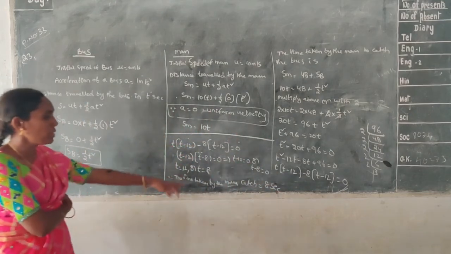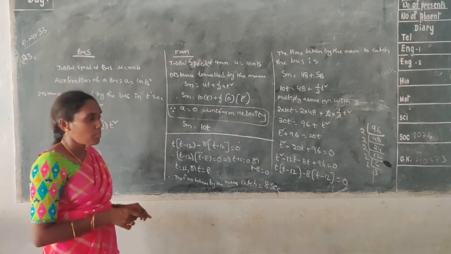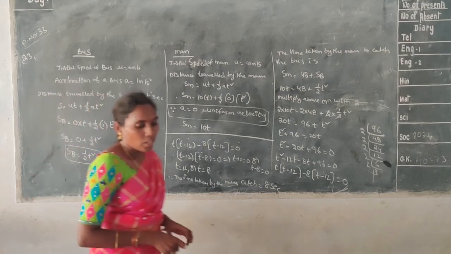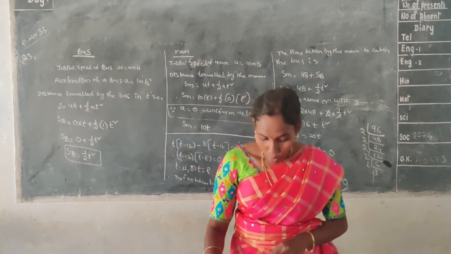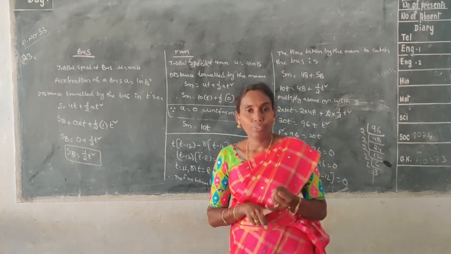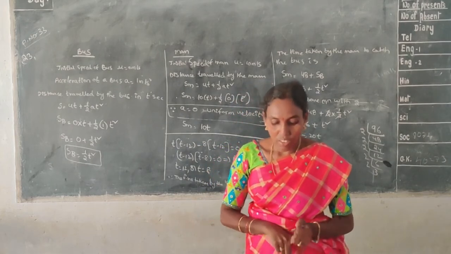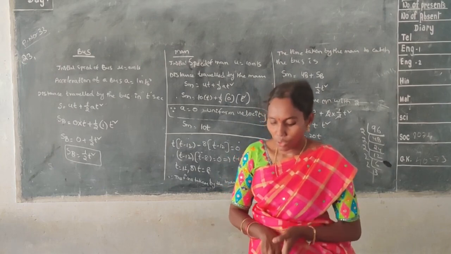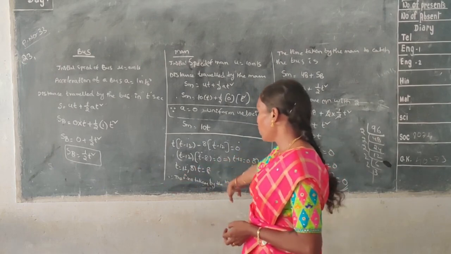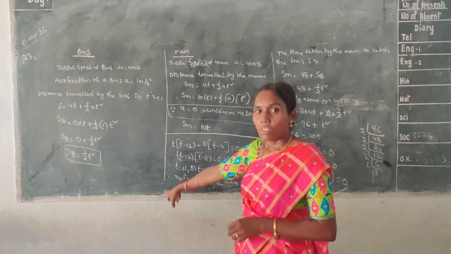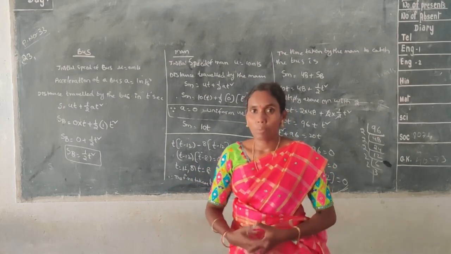In problem number 23, first we have to find the distance travelled by the bus and then the distance travelled by the man. By using those two equations, we can find the minimum time taken by the man to catch the bus.